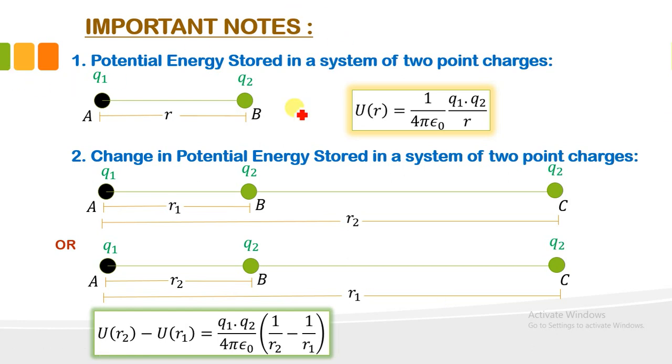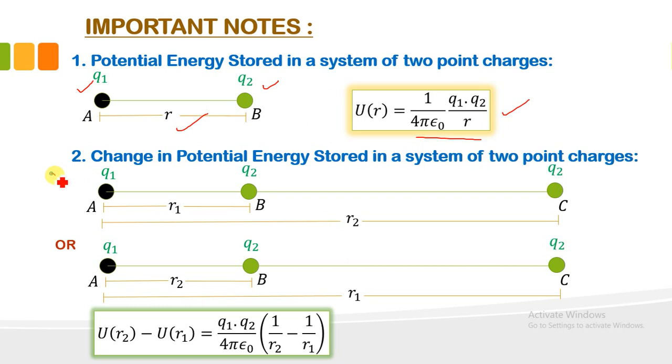Suppose there are 2 charges Q1 and Q2 and they are separated by distance r, then the potential energy stored is equal to 1 by 4 pi epsilon naught Q1 Q2 by r. Okay, when there are 2 charges Q1 and Q2 and the separation is r, then the potential energy stored is simply 1 by 4 pi epsilon naught Q1 Q2 by r.